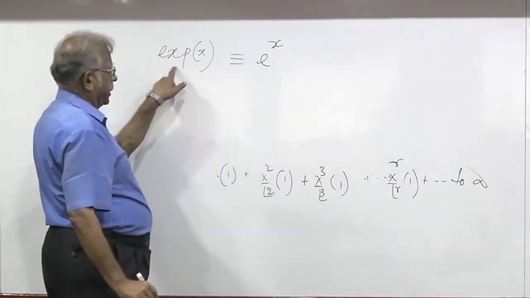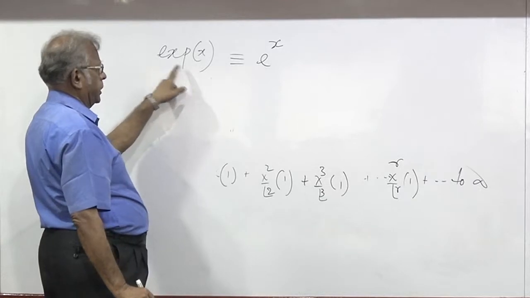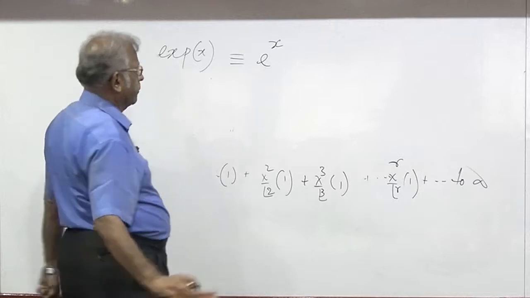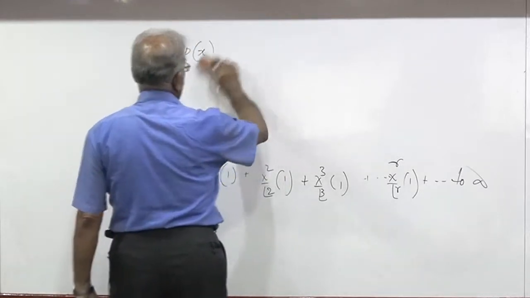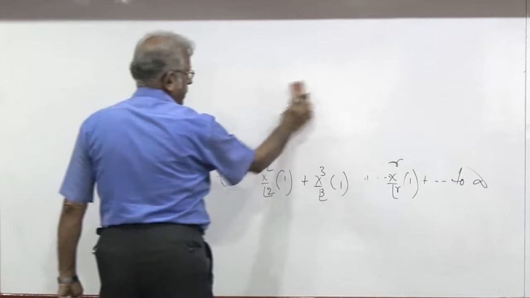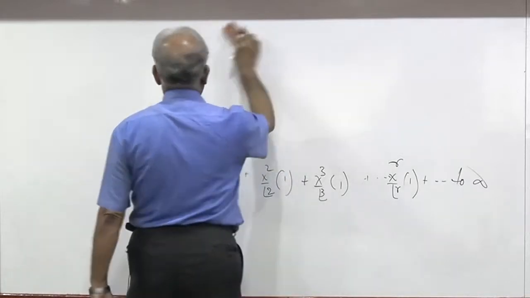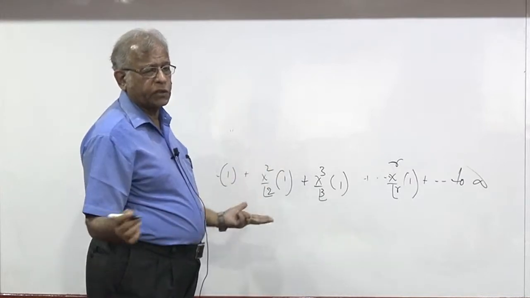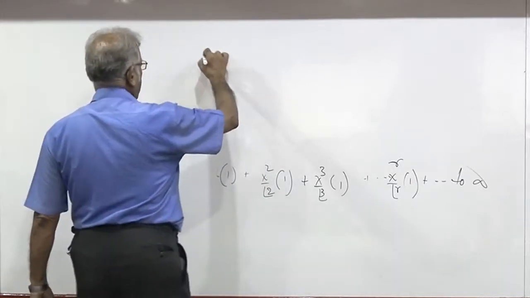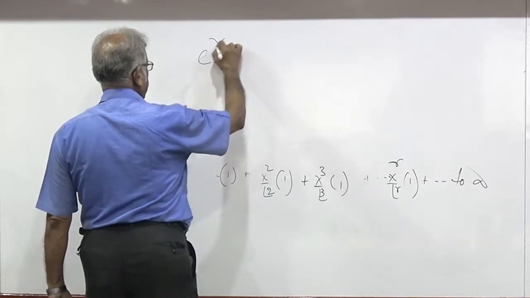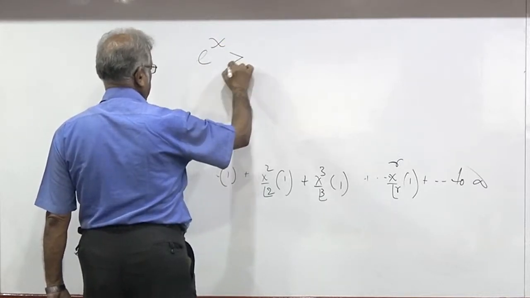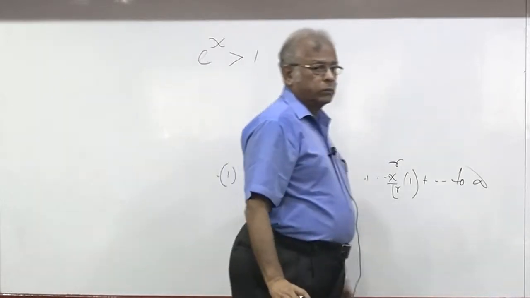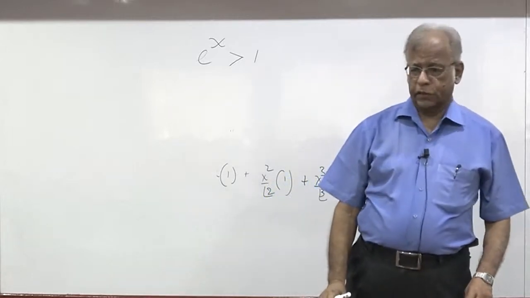So, exp is not expression, it is exponential function of x. Very simple. There are certain good properties which I don't want to digress, but one property I wish to mention is very simple, that e to the power of x for any value of x, positive, negative, 0, e to the power of x is always greater than 1, no matter what is the value of x.